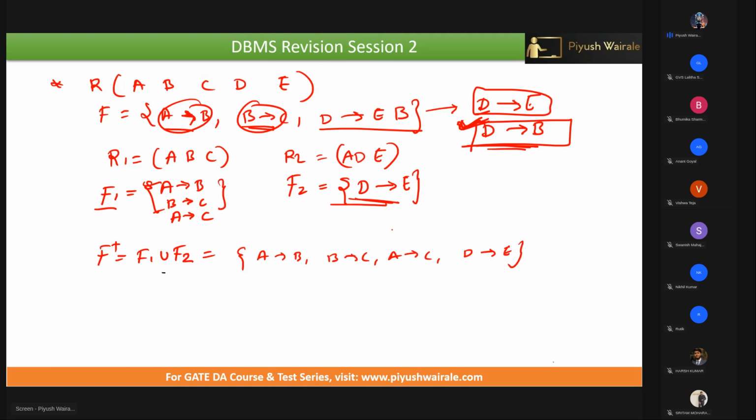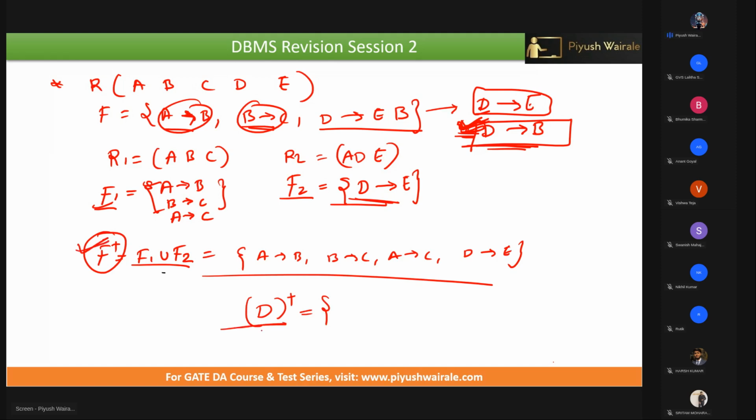So first find out all the FDs applicable to F1 and F2, then F plus such that it is F1 union F2. So we got this one. Then find out this FD here. Take the left hand side of that particular FD, D, and see whether we are getting B in the closure or not using this F plus.